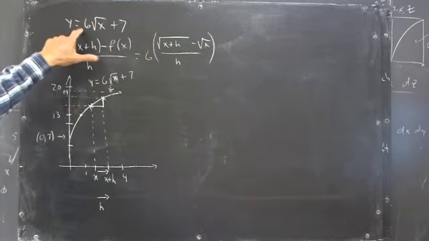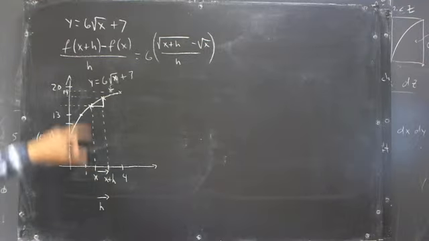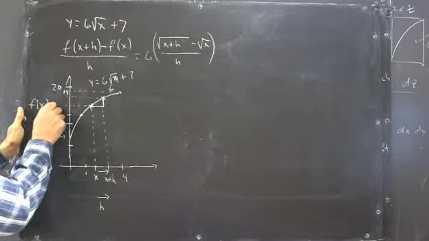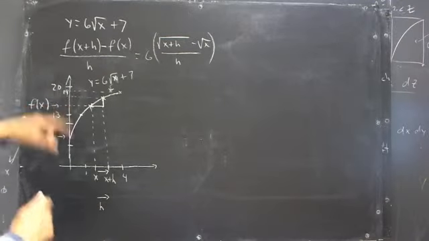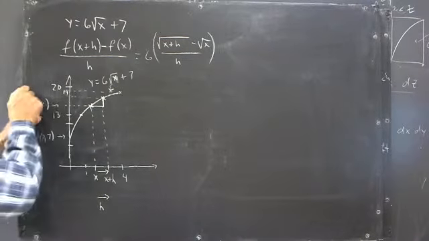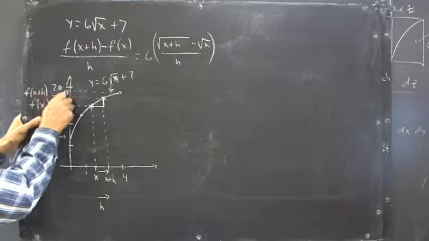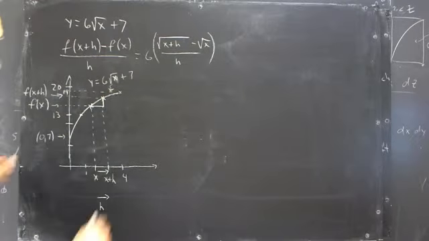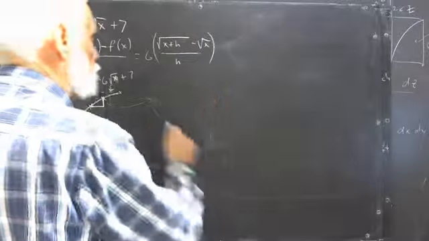We're evaluating this function at x, so what we get is f of x. So here is f of x on the y-axis, and here we're evaluating the function at x plus h, so here is f of x plus h.